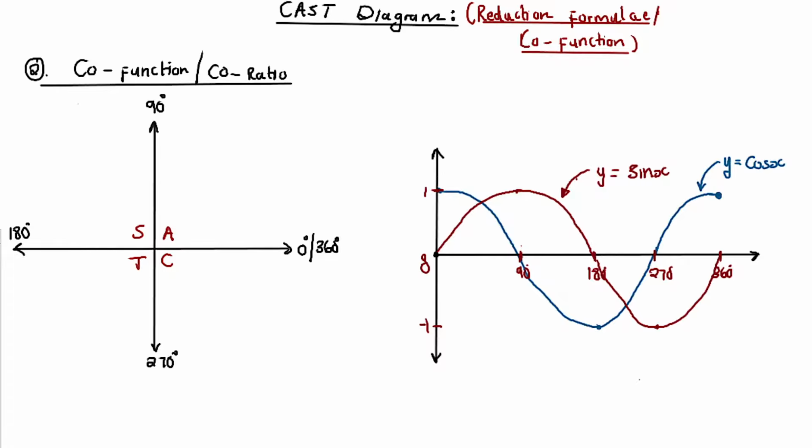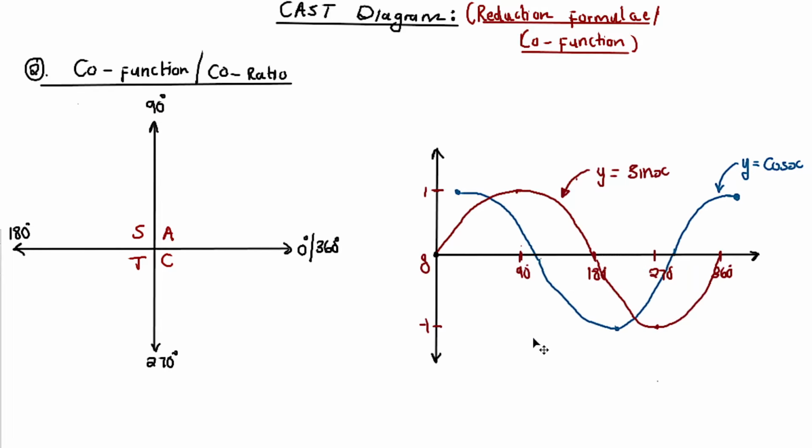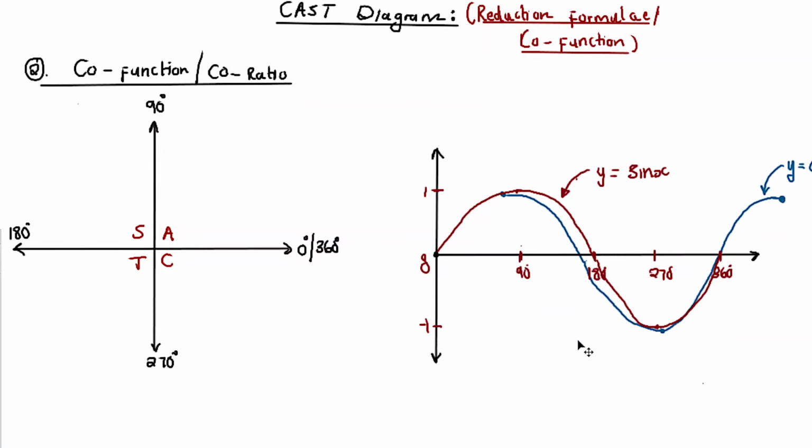Okay, so if you take the cosine graph in this sketch and shift it by 90 degrees to the right, it's gonna move like this, and as you can see, it's gonna align with the sine graph.